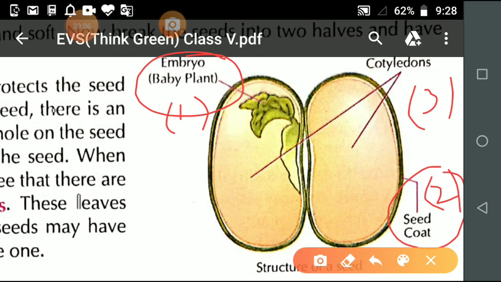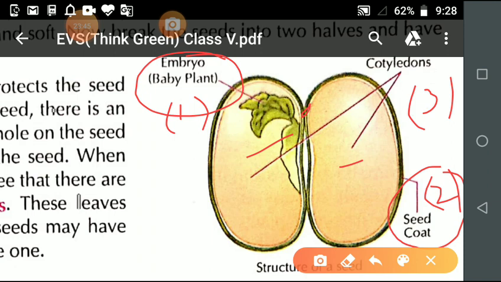Now what happens, student, the seed also has a scar called the hilum. It is not given in the book, but once you open these cotyledons, you will see here a very small part. So what is hilum?